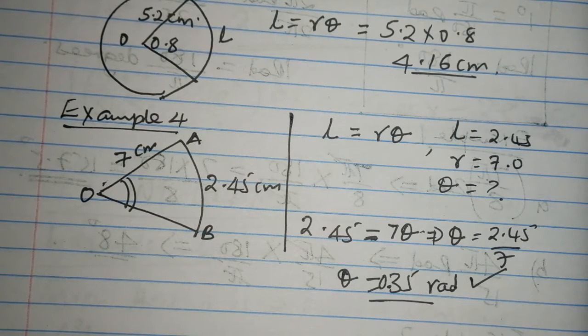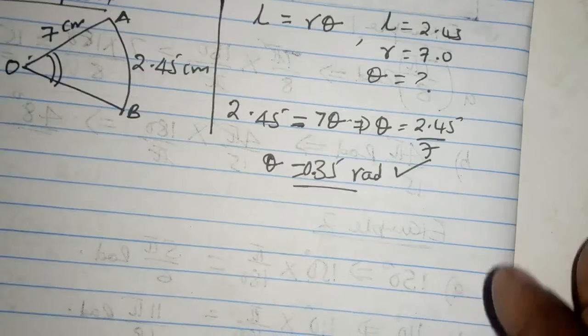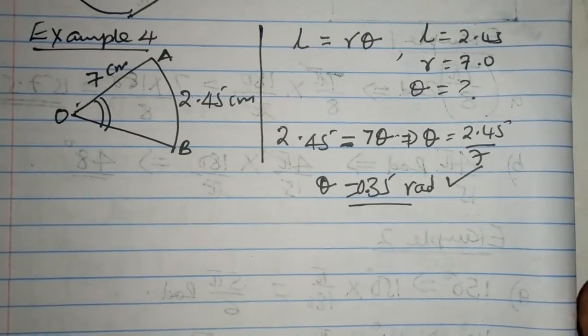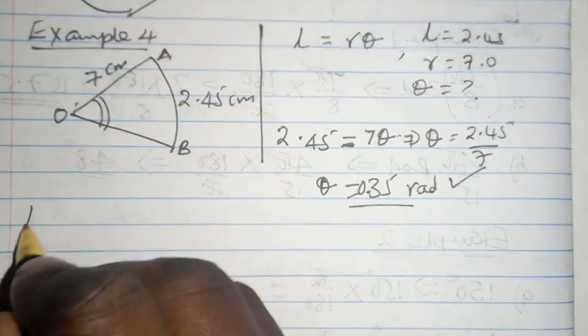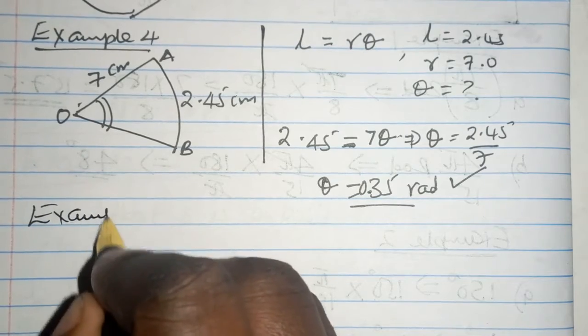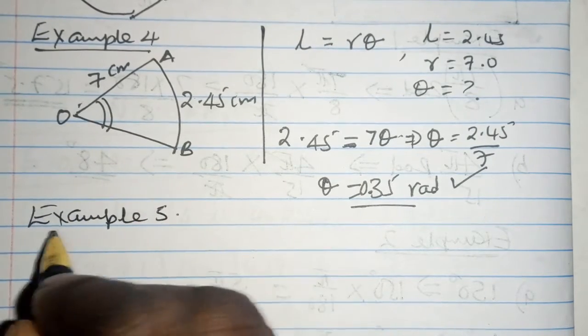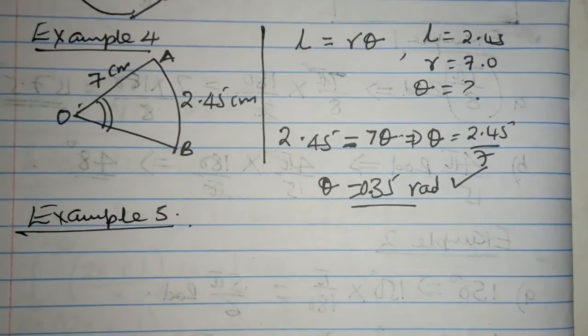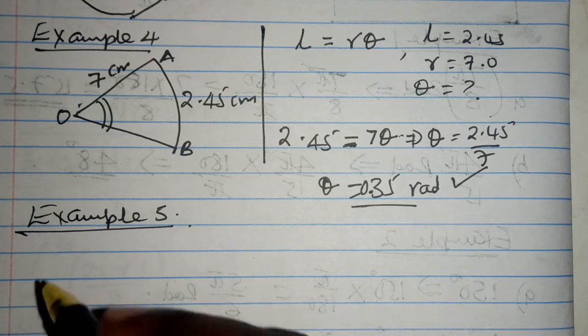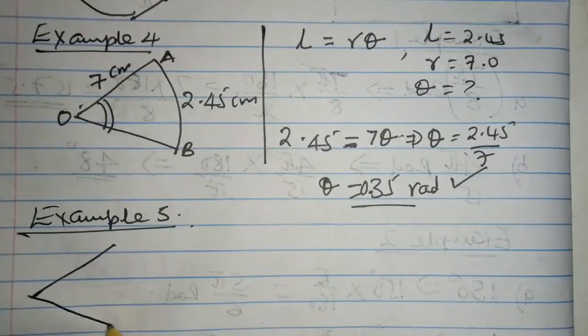In the same way, I think it is important for us to explain example 5 in the same video. An arc AB of a circle with center O and radius R subtends an angle of theta radians at the center O. We have such a diagram.